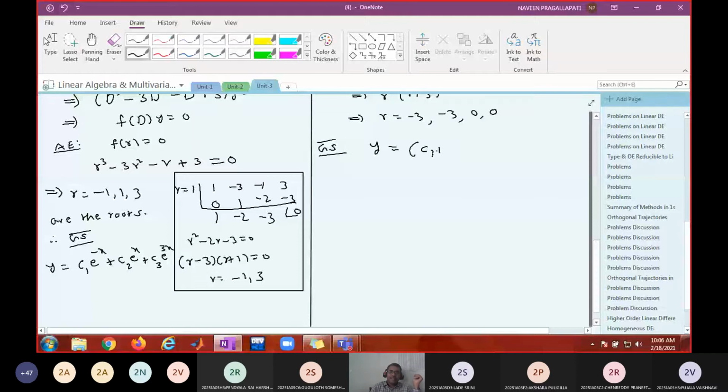C1 plus C2x into e power minus 3x. For 0 and 0, roots are equal: C3 plus C4x into e power 0x. e power 0x is 1. Is it fine?